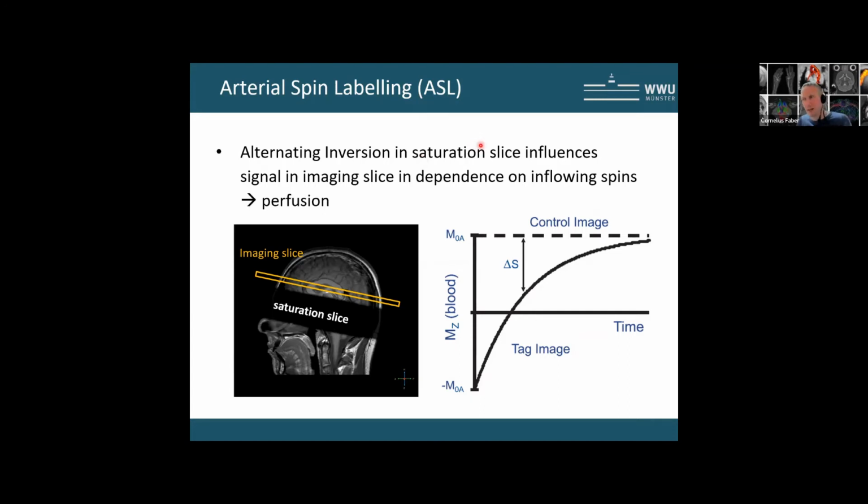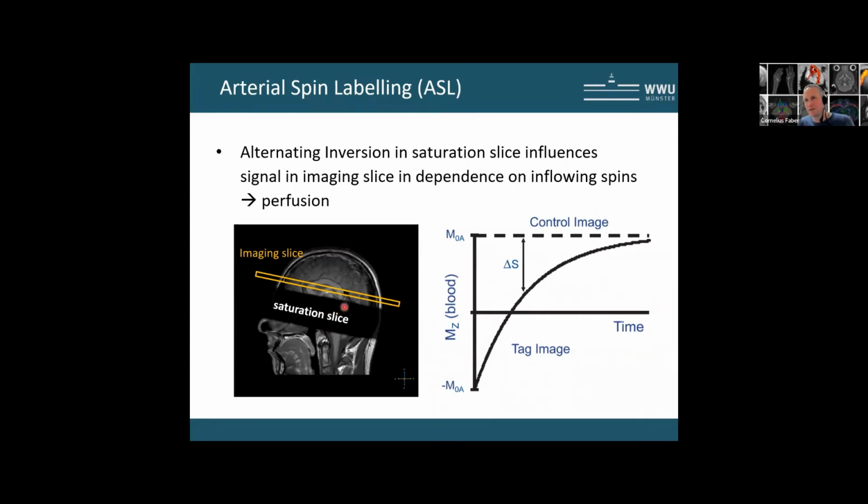That's the great strength. The problem is, however, that it's a bit tricky to obtain good data with it. But the principle is that if we want to image this slice and we want to measure perfusion of this imaging slice in the brain here, we apply a saturation or an inversion slice, which can be at the same position or usually is different.